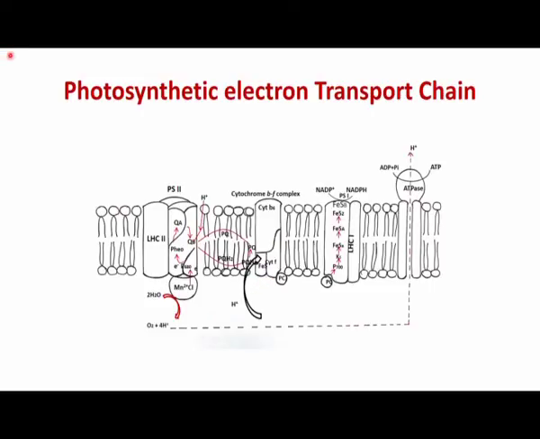So, from photosystem 2, the electron passes through plastocyanin, and plastocyanin is a mobile electron carrier. So, it can actually move along the lipid bilayer, and as a result it can carry the electron and then give it to the other electron acceptors, which are present in the light harvesting complex 1.